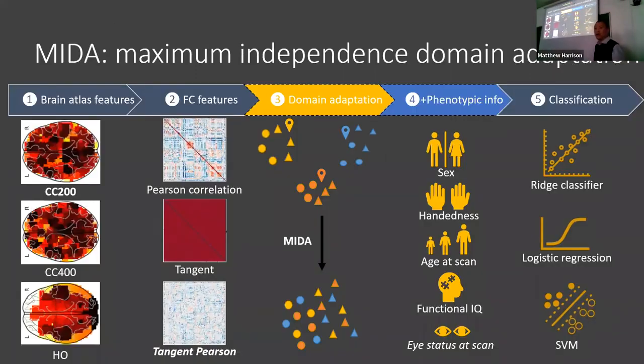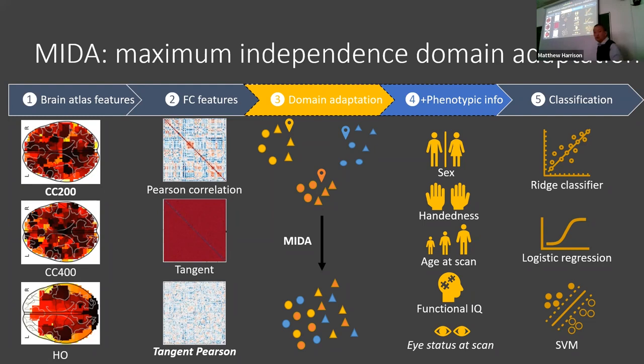What we do is domain adaptation. We use maximum independence domain adaptation to adapt the feature space from site specific to something more evenly distributed across the feature domain.